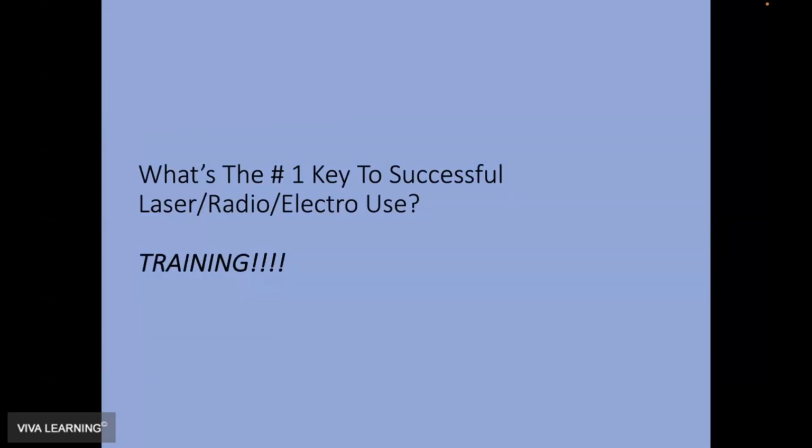And if you are really well trained, the oral pathologist won't even know if it was done with a blade or laser or radiosurgery or electrosurgery. Training is paramount. If you're not fully 100% trained in that specific modality, then maybe you shouldn't be using it for a biopsy. You don't want to risk affecting the biopsy itself.